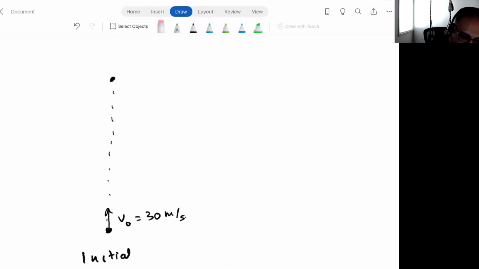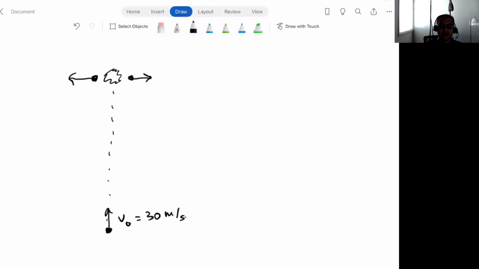I'll just draw it all in one diagram. There it explodes. So this is my explosion. And then it breaks up into two pieces, and the pieces travel in opposite directions like this initially, right?